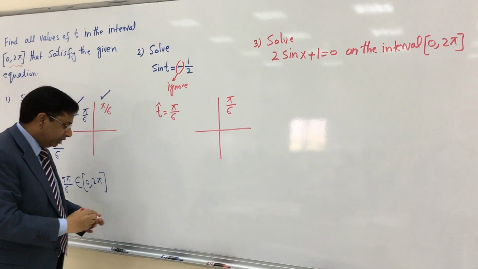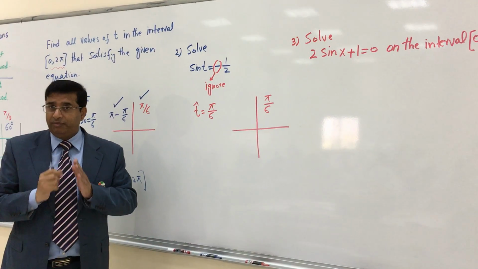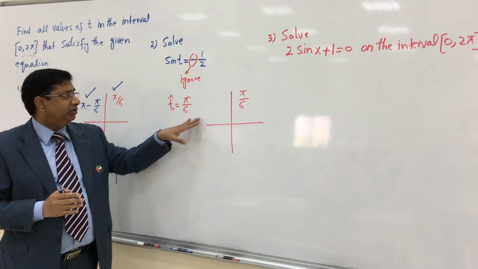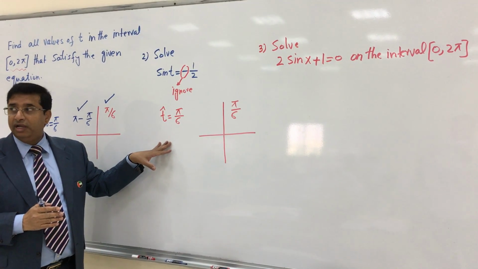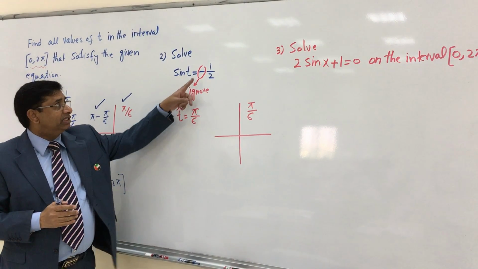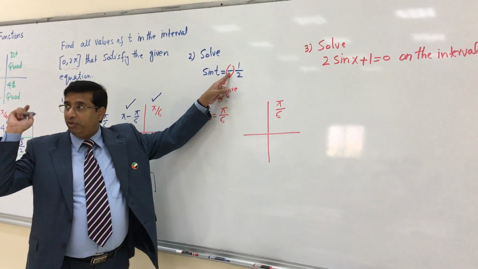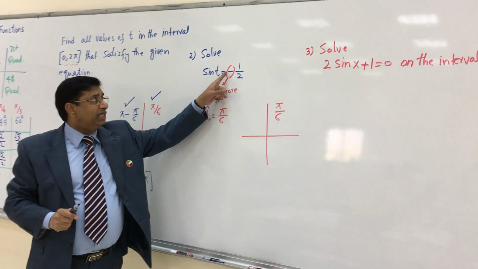Reference angle, write it down in the first quadrant. Second thing, what do we do here? We find the reference angle for the other values of the angle. We look for the quadrant, and we look for the quadrant with the help of this sign. The sign is negative. If you look at the previous table I have given you, in which quadrant is the sign negative?